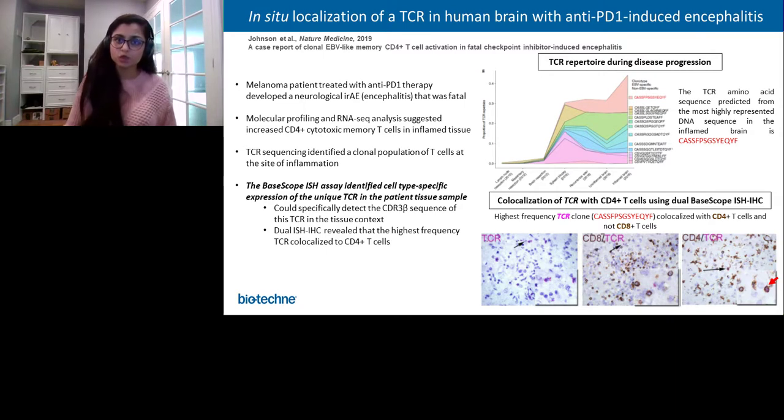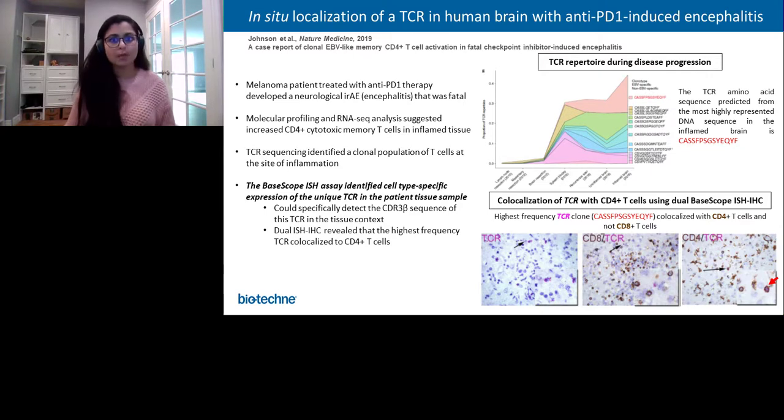Interestingly, using BaseScope, they were able to co-localize this TCR with the CD4 population of T cells and not the CD8 population, indicating that the immune cell population inducing encephalitis was a CD4 T cell. Later, they were able to identify that indeed it was a CD4 positive memory T cell population that was responsible for inducing this encephalitis in the patient.